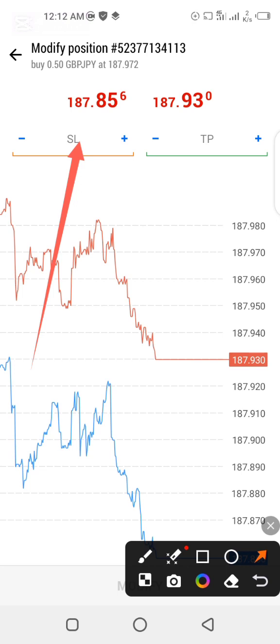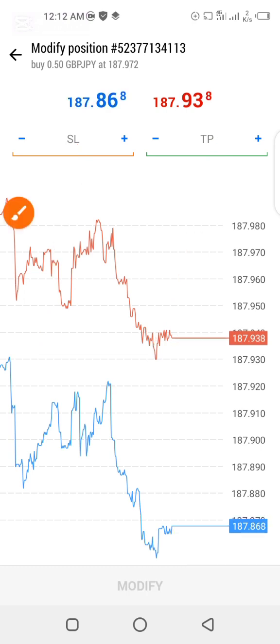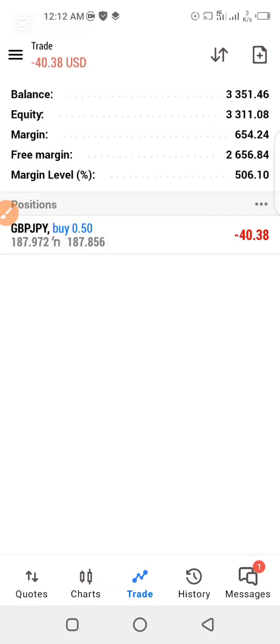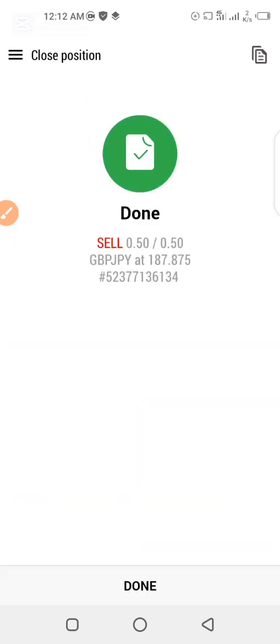This SL means your stop loss, this one means your TP. So you can just set it and click on modify, and it modifies the trade. Once you click on modify, it takes you back to this position, meaning that it has modified your account. I'm just gonna close this because I'm not trading already.